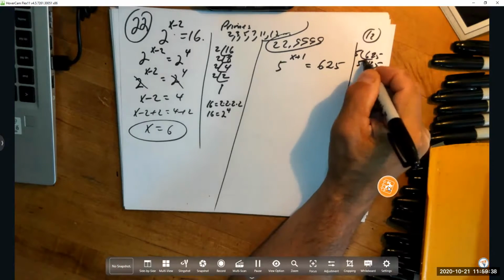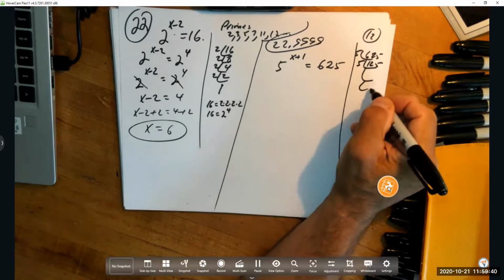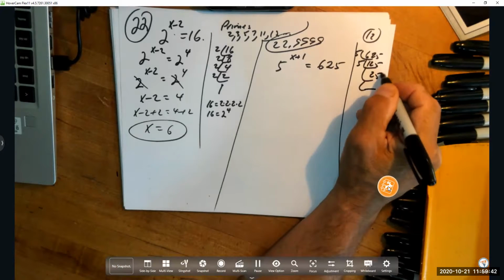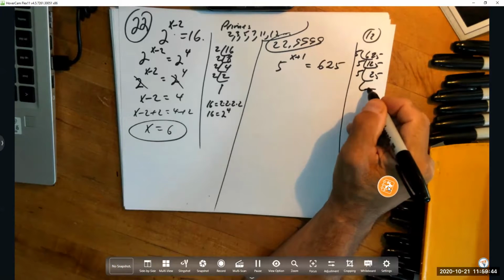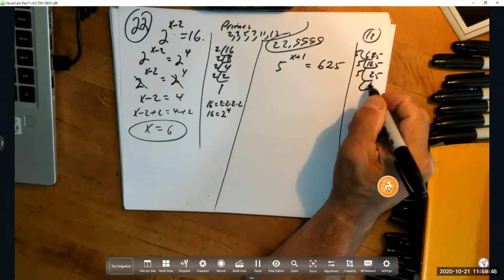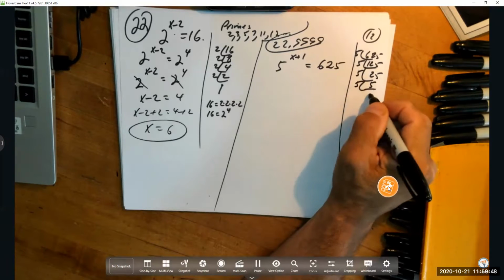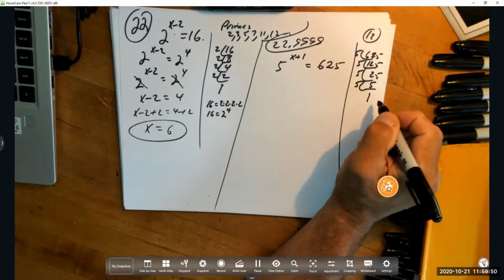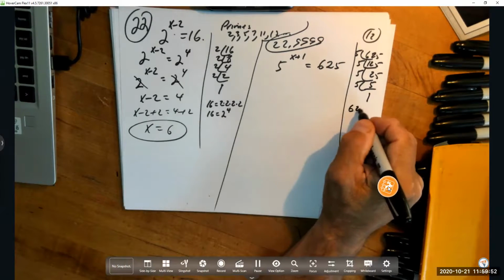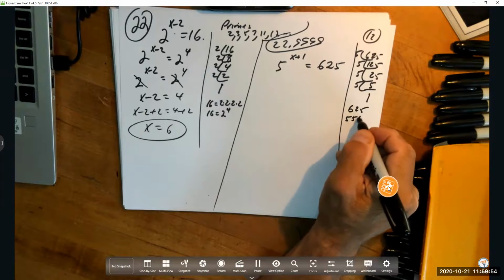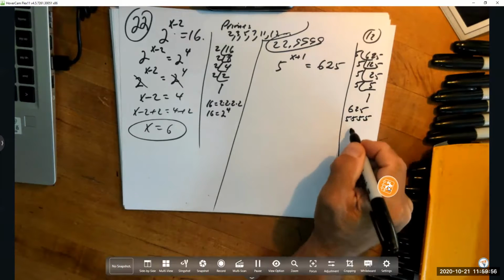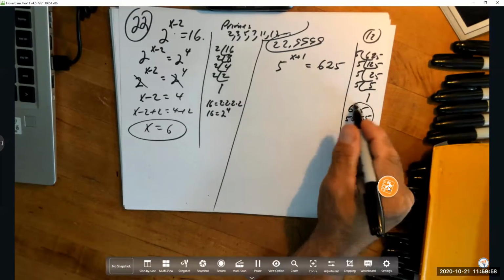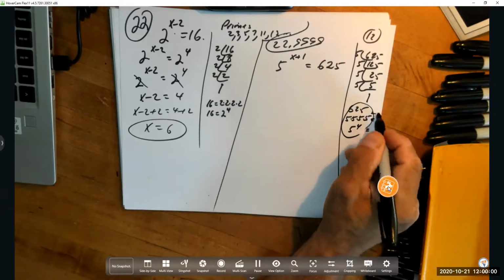And then does 5 divide 125? You told me. 25. And then does 5 divide 25? 5. And then 5 divides 5, 1? Is that it? Yes. 625 is 1, 2, 3, 4 of these, or 5 to the 4 power. Okay, these are all the same.